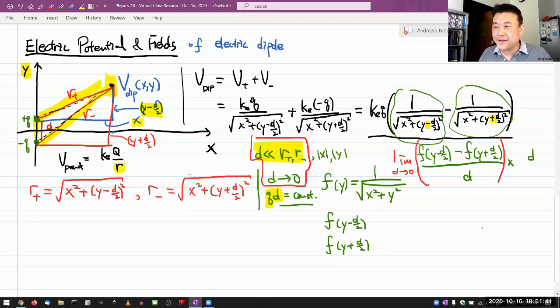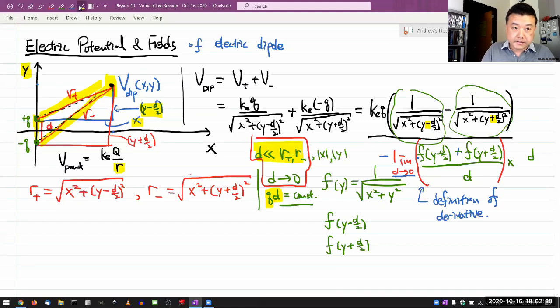I hope you are getting my hint at what I'm getting at here. This is conspicuously written in a way so that it looks like a definition of derivative. I do need to fix a few things. I think I need to move this one here, so there might be a minus sign in front so that this can be plus and this can be minus. The thing here is that it's a difference between a function divided by the parameter that's causing that difference. Take the limit where that parameter goes to 0. That's the definition of a derivative. So let me do that.